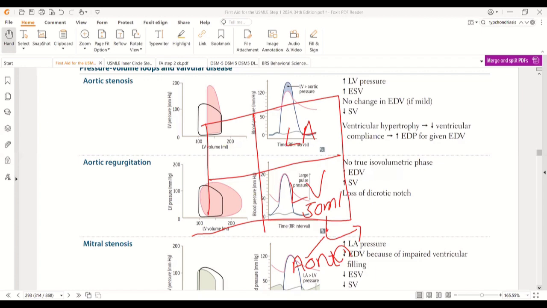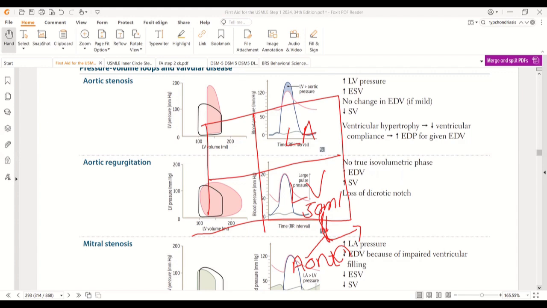Regurgitant means blood is pulling back into the chamber that is pushing it forward. So what is the thing we are pushing in aortic regurgitation, 50 ml, right? So what is the meaning of regurgitation? Can you explain the meaning of regurgitant?